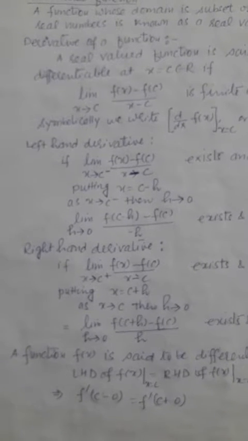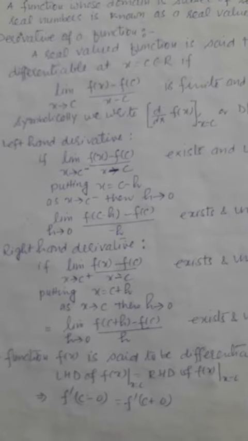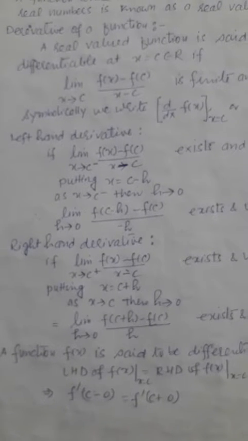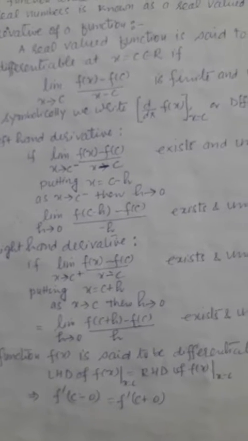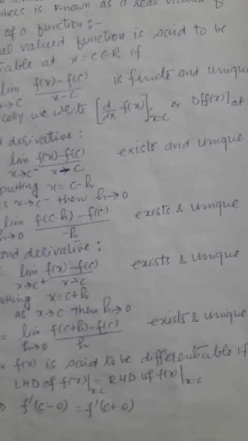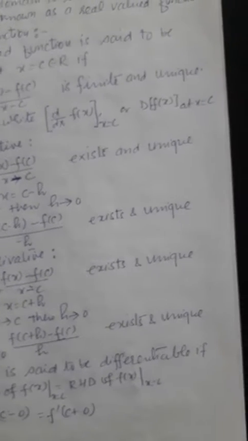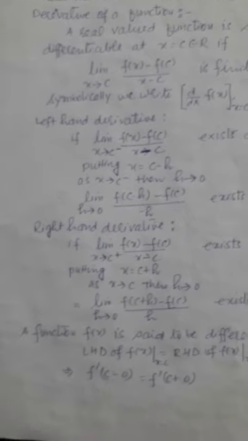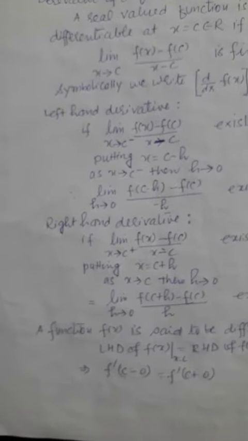And symbolically we write d by dx f of x at x equal to c, or d of f of x at x equal to c. Many other notations may be possible here.